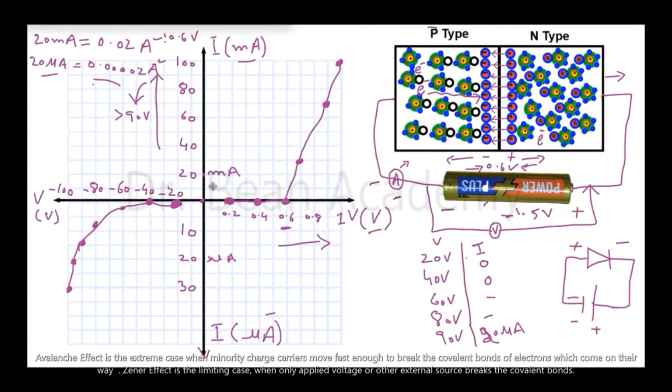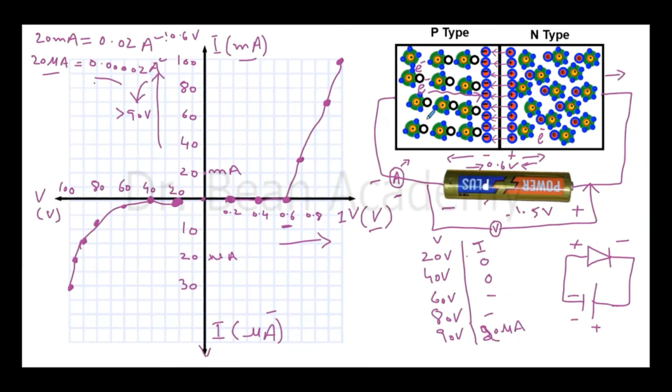We call it the Zener effect or avalanche effect: when you increase the reverse bias voltage up to a very high value, these minority carriers will break other electrons which were bonded through covalent bonds, those covalent bonds will break and a lot of electrons will move towards the n type, and you will see a large increase in the current.